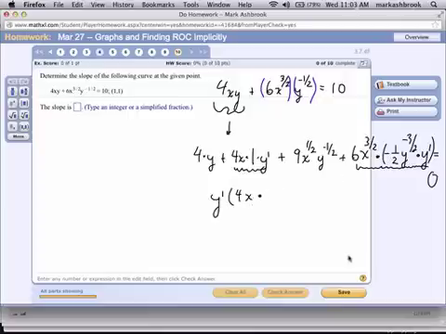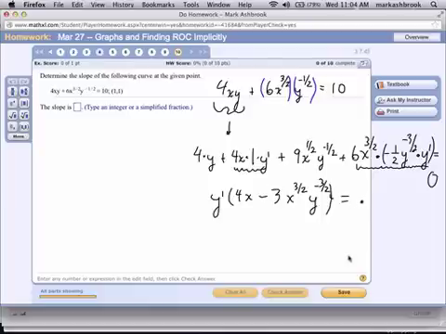This will be minus 3 x to the 3/2, y to the negative 3/2. Check my math. I did 6 times negative 1/2, that's negative 3, and then x to the positive 3/2 and y to the negative 3/2. Factored out the y prime.